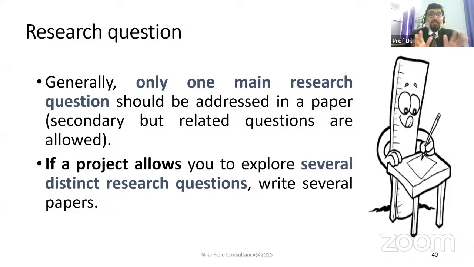Usually only one main research question is addressed, but it doesn't matter; you can have one, two or three, depending upon the complexity. Take an example: some variables you can directly relate to the dependent variable. All those independent variables can simply be connected to the DV. One hypothesis, so one research question is sufficient.